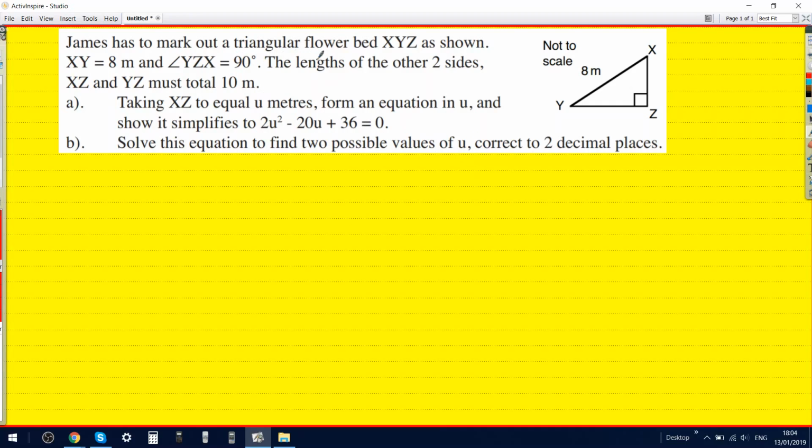Let's see this. So James has to mark out a triangular flower bed. XY is 8. Oh, these must total to be 10.